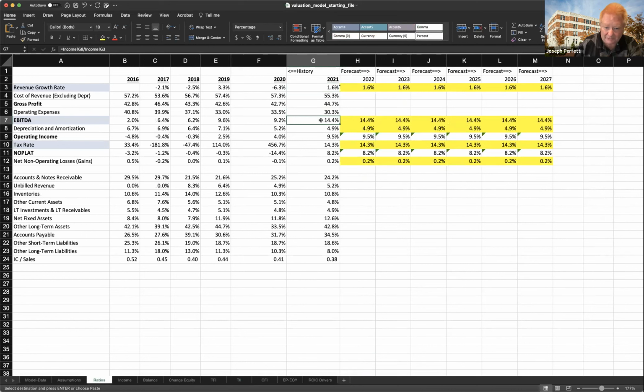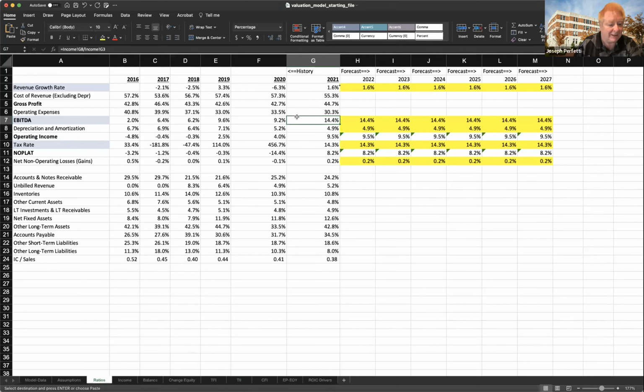So if 2021 kept repeating itself, this is what their statements would look like over 6 years. As we build the model, we're going to use the constant ratios. Next week, when we actually value Nokia to their real share price, we will adjust to be more realistic with these ratios. But while we're building it, I need you to match what I do. Therefore, we're using these constant ratios.